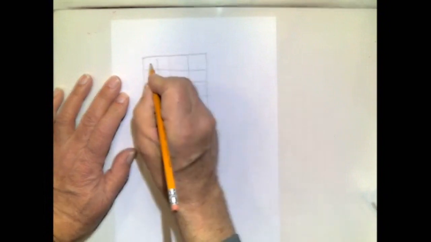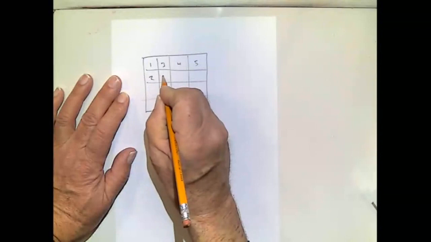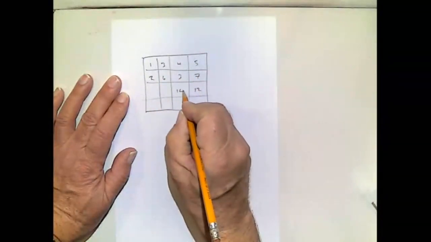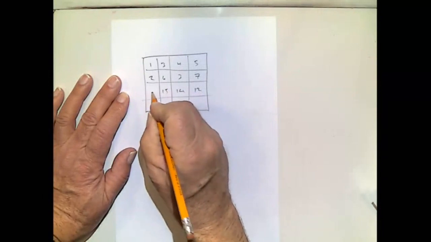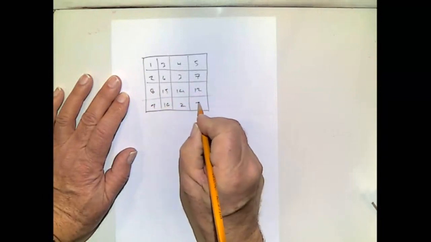I'll do it for 15 bits: 1, 3, 4, 5, 2, 6, 3, 7, 12, 14, 15, 8, 9, 10, 2, 3.